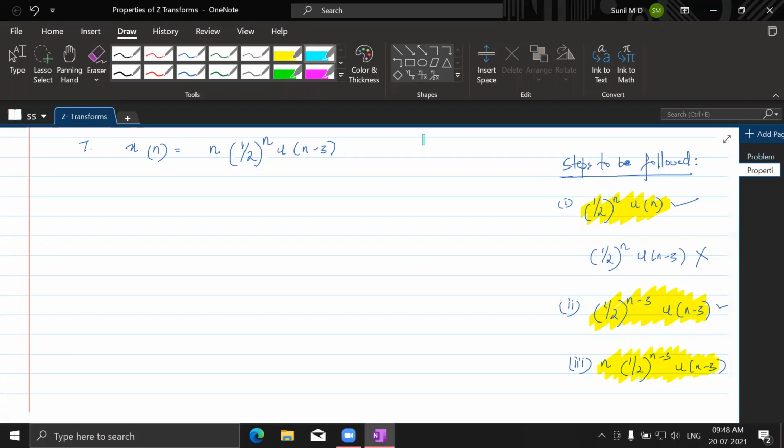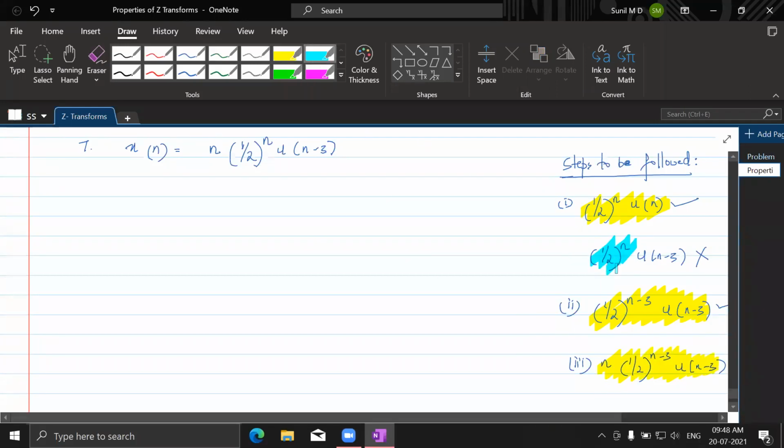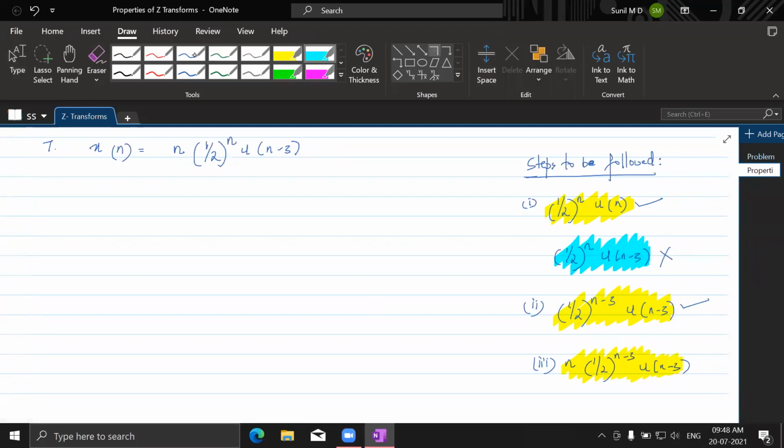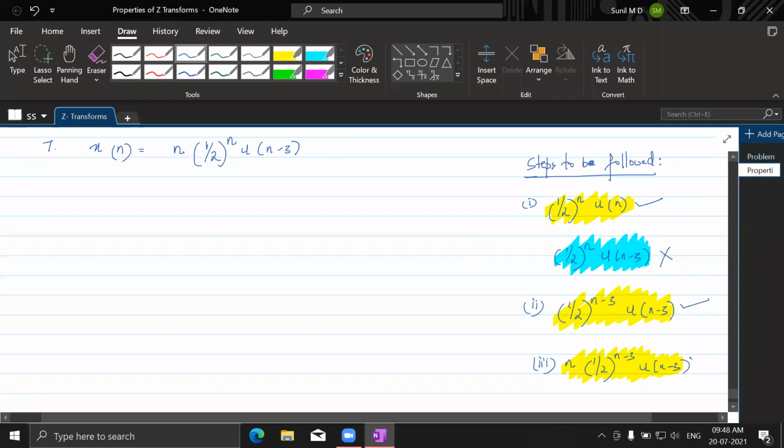And this is not a valid form to go with, so you need to somehow get this into valid form. Is that okay with you? So that we need to do now. So this is your final expression for obtaining the Z transform. So this is how we need to work with. Understand? So let's go on with this.